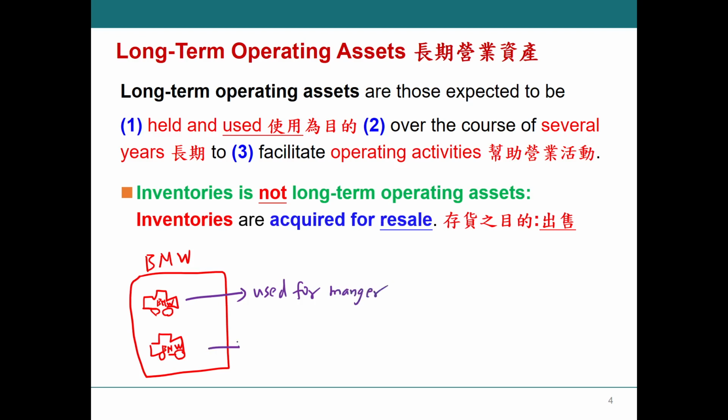This second car is going to be resold to customers.